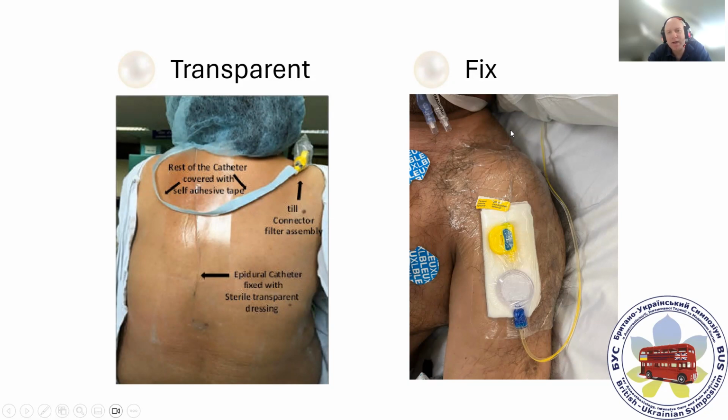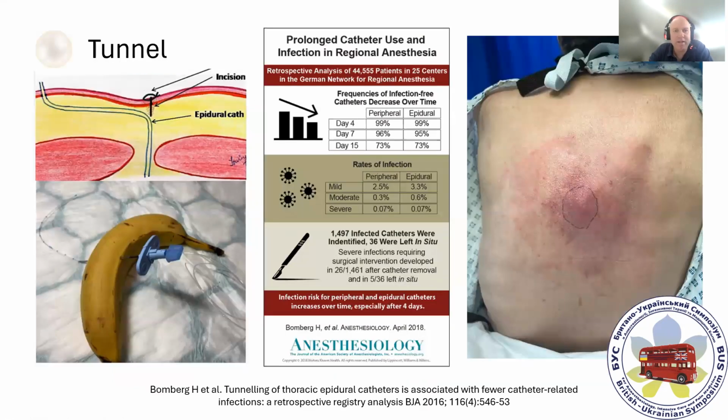And this is how I fix the catheter and filter assembly onto the patient's arm, so as to reduce the risk of inadvertent disconnections at this point. And it just keeps it all nice and steady. You can see this is actually an esophagectomy patient, but the principle holds, and I do the same for my trauma patients. We also advocate tunneling epidurals or blocks, so they can stay in for longer. We teach our trainees using the simple model of a banana.